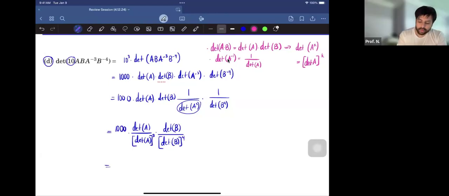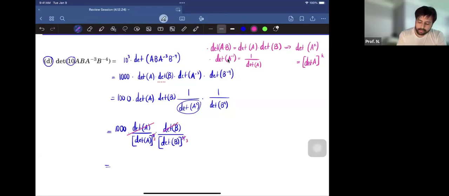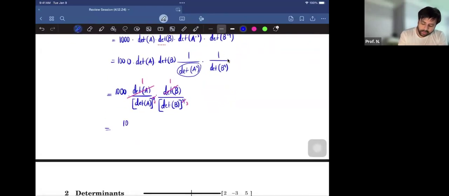Now, what cancels out? The determinant of A with this guy, that becomes a 2, this becomes a 3, and this becomes a 1. So then really what I got is 1,000 divided by the determinant of A squared times the determinant of B cubed.